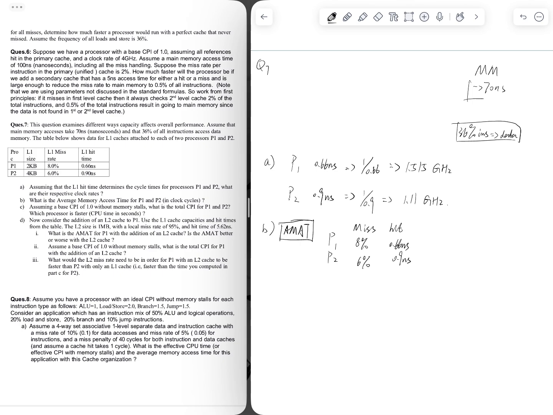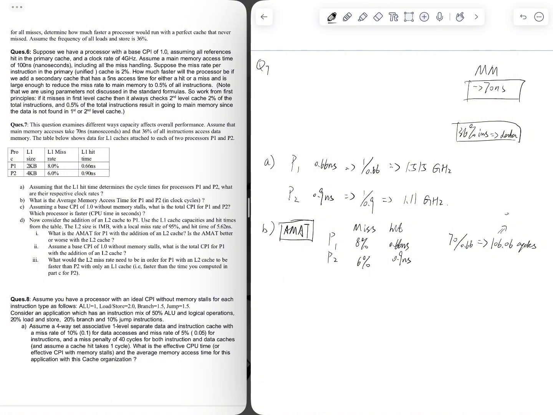And going to the main memory, it will take us 70 nanoseconds. So how many cycles is it? We need to divide it by 0.66, and you will get something like 106 cycles, right? But actually, cycles cannot be a decimal. It should be an integer.